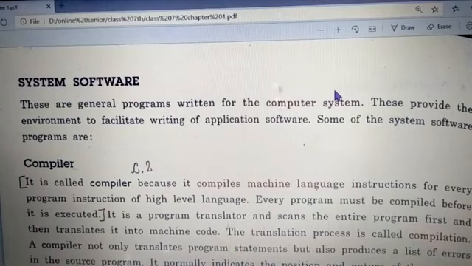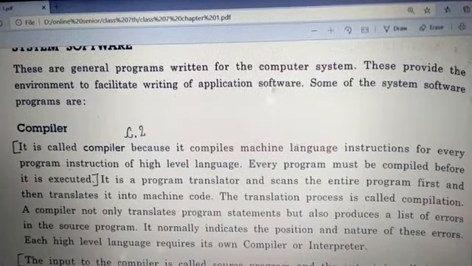Now children, we have studied what system software is. These are general programs written for a computer system. Whatever function or task you want your computer to do, these programs are those instructions. System software programs include the compiler. The compiler is also a system software program.